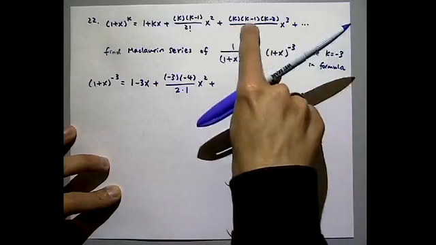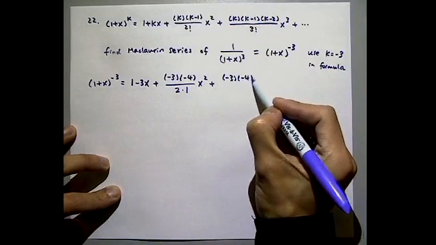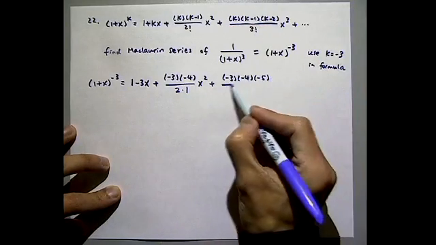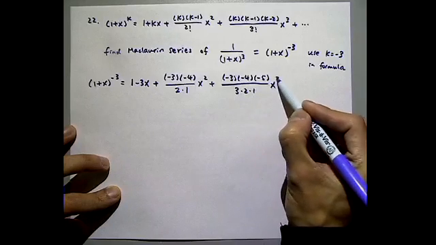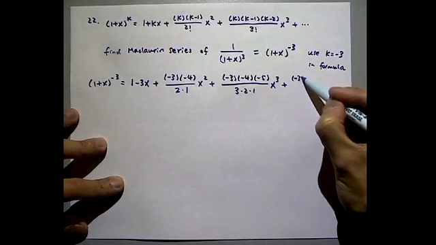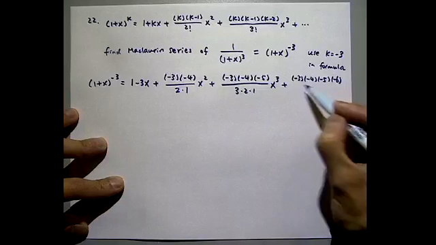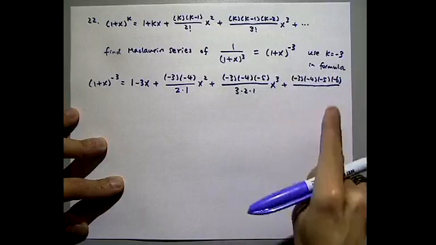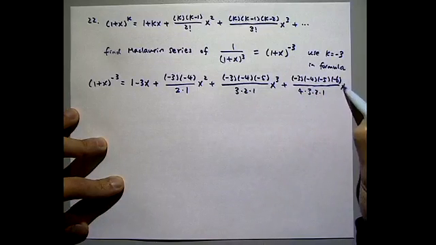Minus 3, minus 4, minus 5, over 3 factorial. And we'll go one more: minus 3, minus 4, minus 5, minus 6, over 4 factorial, 4, 3, 2, 1, x to the 4th, and so on.